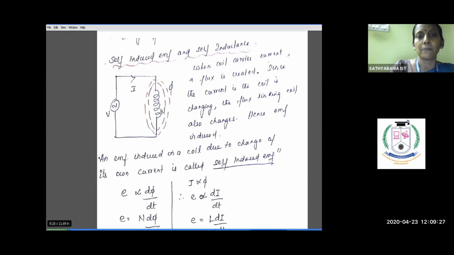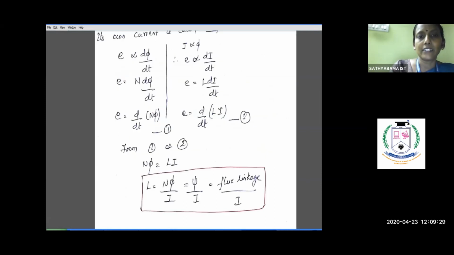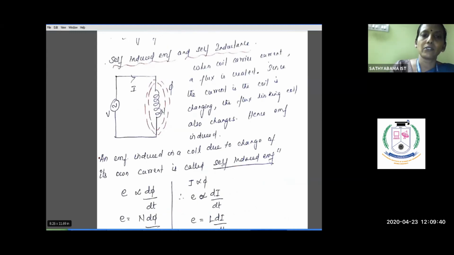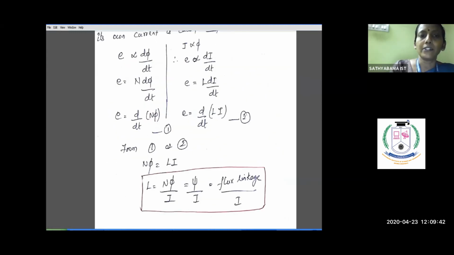Change in flux d phi by dt produces a voltage. The proportionality sign is replaced by the constant N, the number of turns of the coil. So E = N d phi by dt, which can be written as d by dt of N phi.